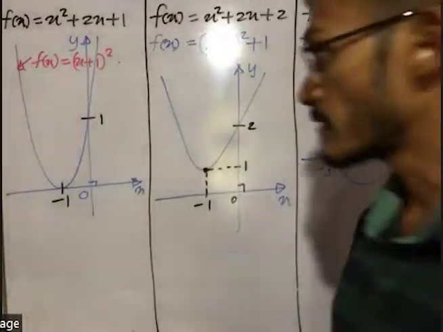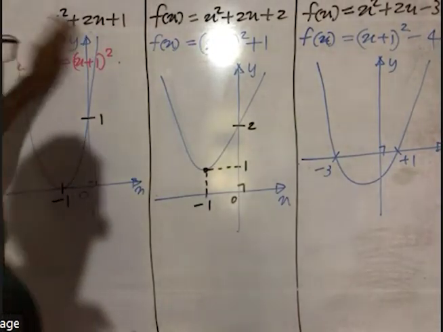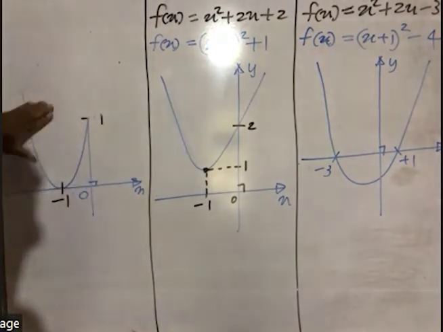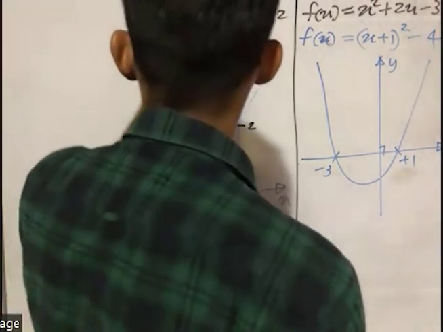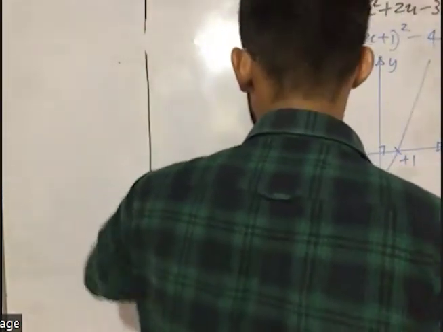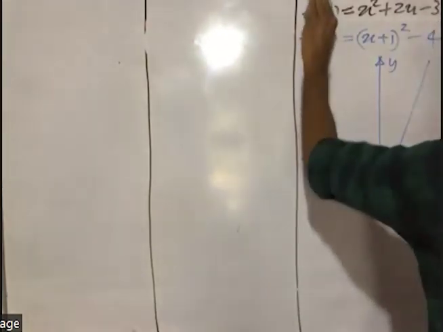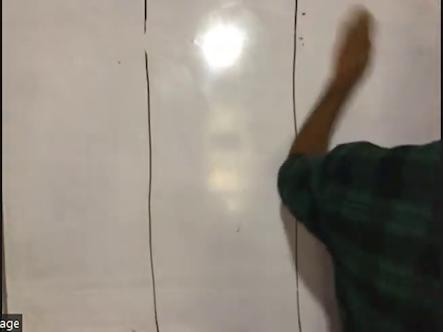Right. Now, same way, I will consider another three functions. These three functions are a little bit different than the functions we have drawn. Now look at this. I'm going to draw another three functions.